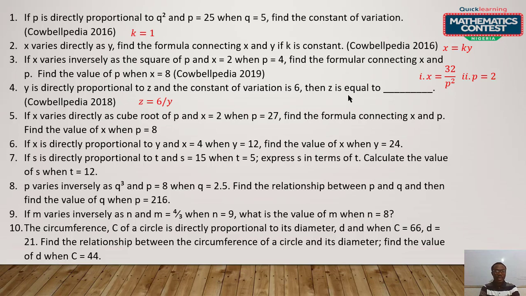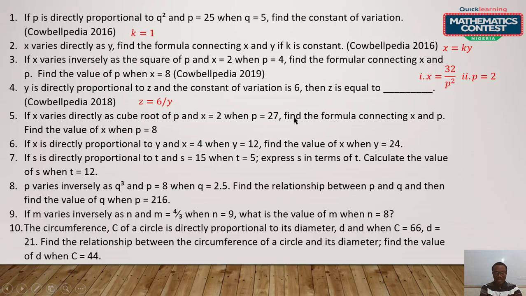Now, how do we get that? Y is directly proportional to z, so what it just means is y is equal to kz. And the constant of variation is 6. Then z will be equal to what? Since the constant is 6, y is equal to 6z.